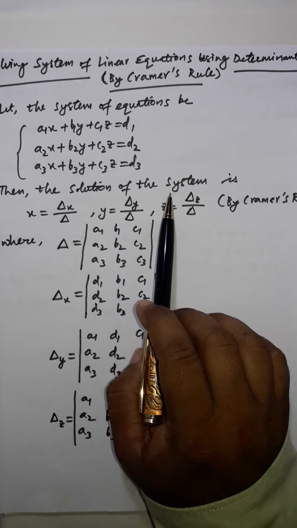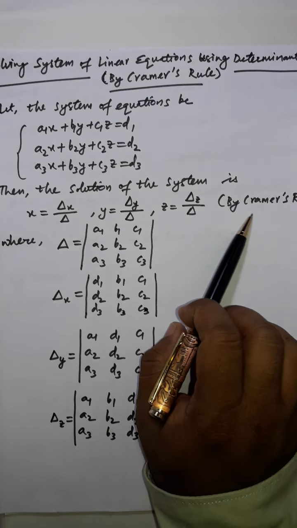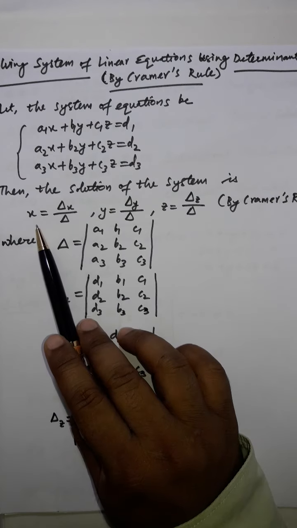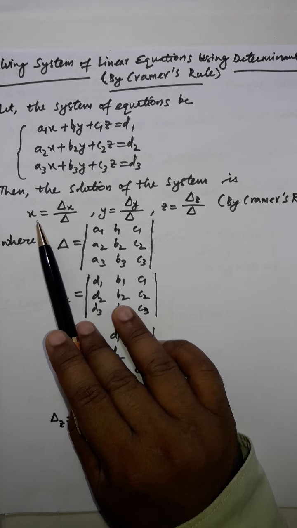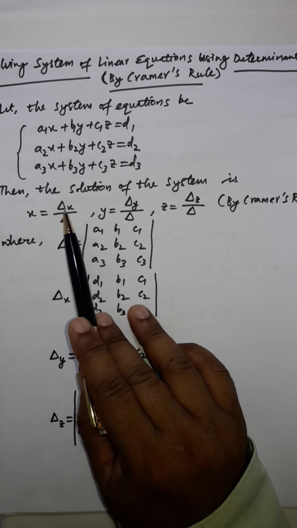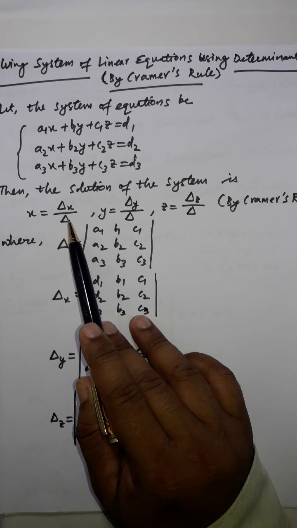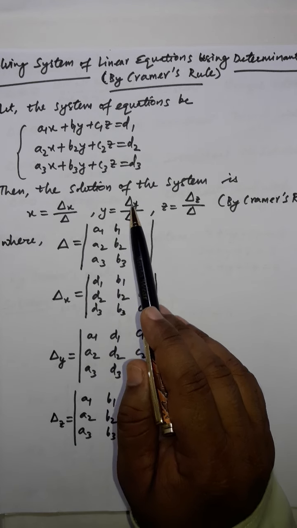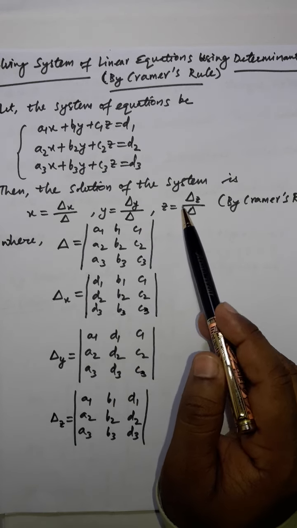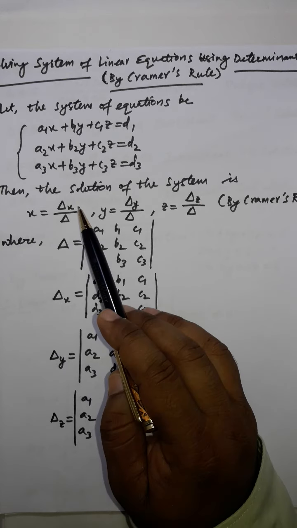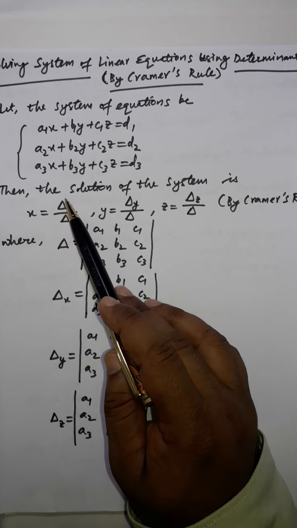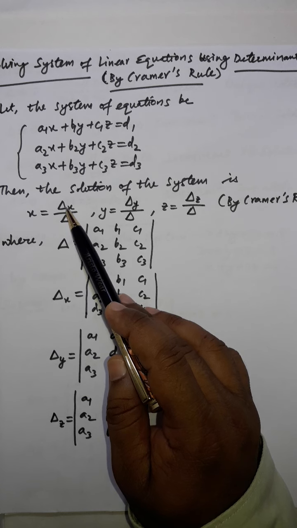The solution of this system by Cramer's rule has a very simple formula. The value of x is equal to del x by del, the value of y is del y by del, and the value of z is del z by del. Don't misunderstand that del x means x is multiplied with del.